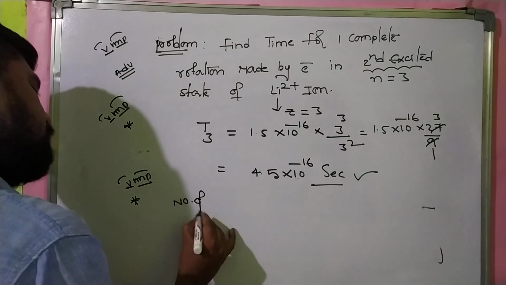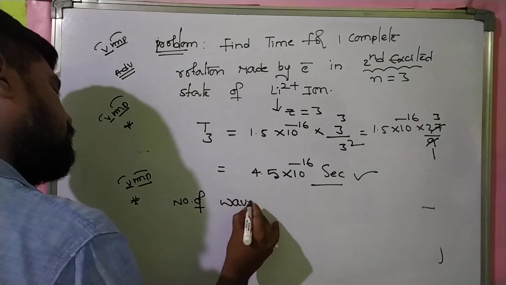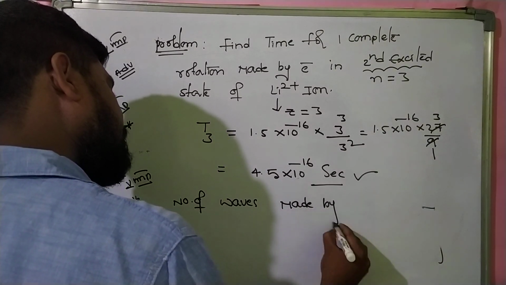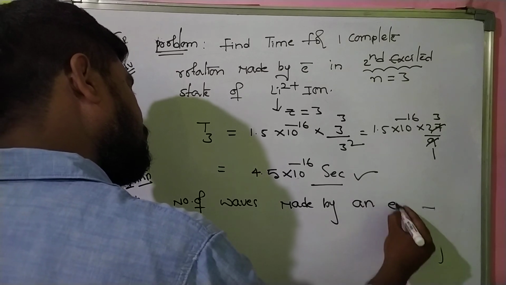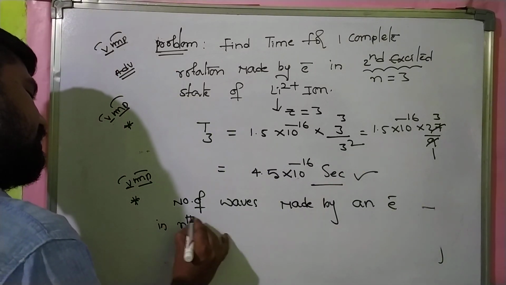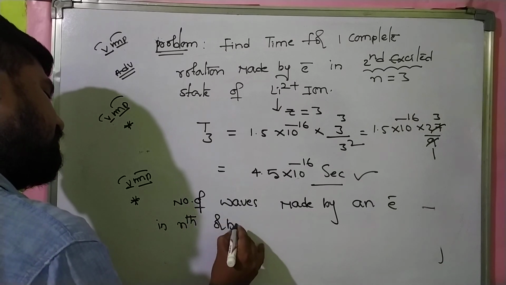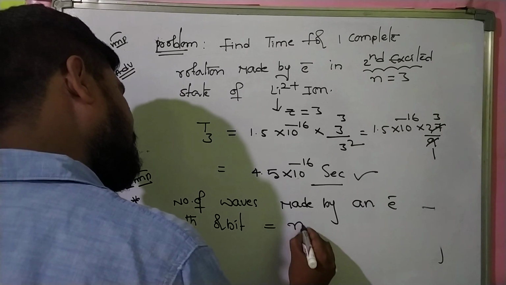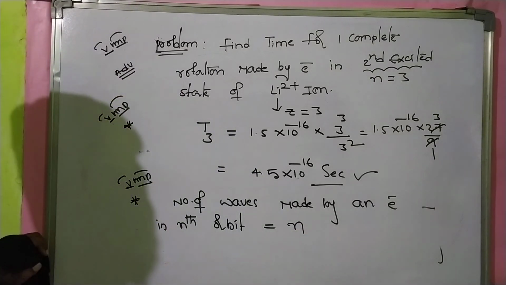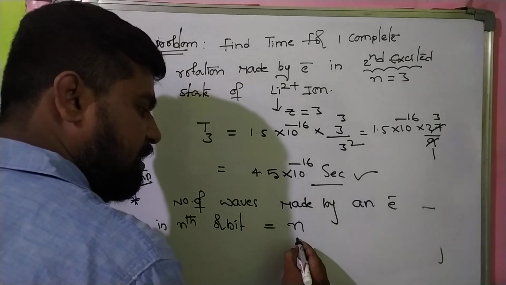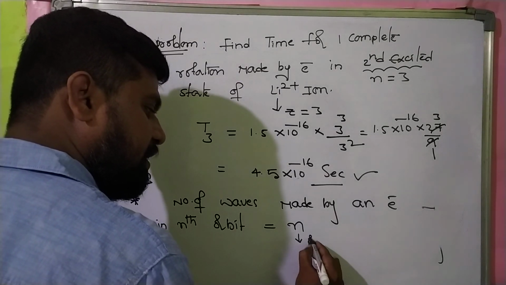The number of waves made by an electron in nth orbit equals n. Very important. n means shell number, here shell means orbit number.